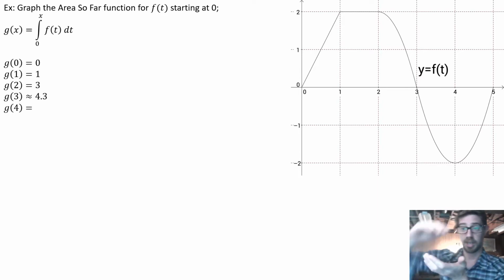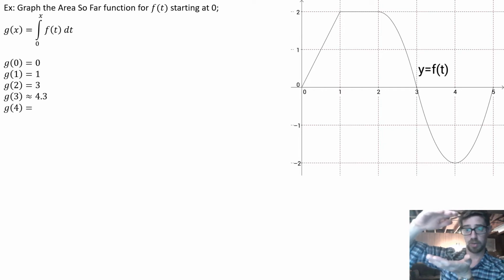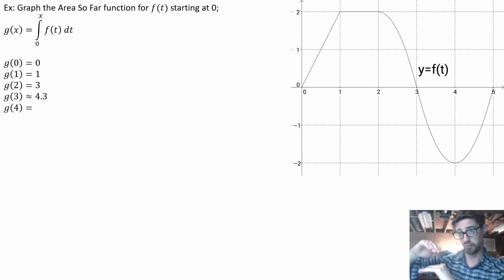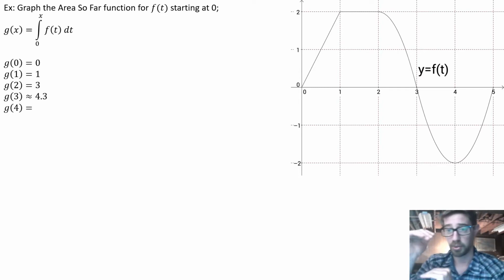If the area between 2 and 3 we're calling 1.3, we have to call the area between 3 and 4 negative 1.3 because it's a negative area. So that cancels some stuff out. So when we move from 0 to 4, we actually lost 1.3 units worth of area. So now it actually is back down to exactly 3.